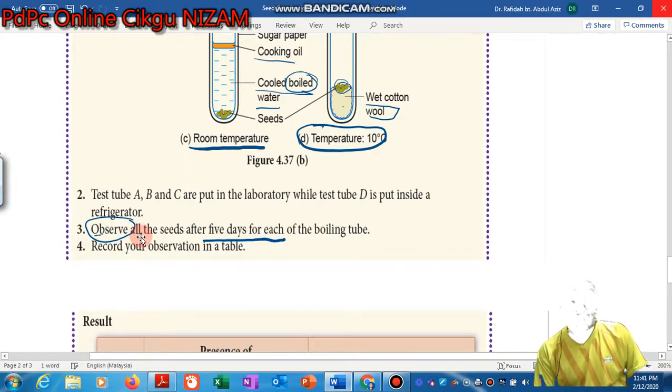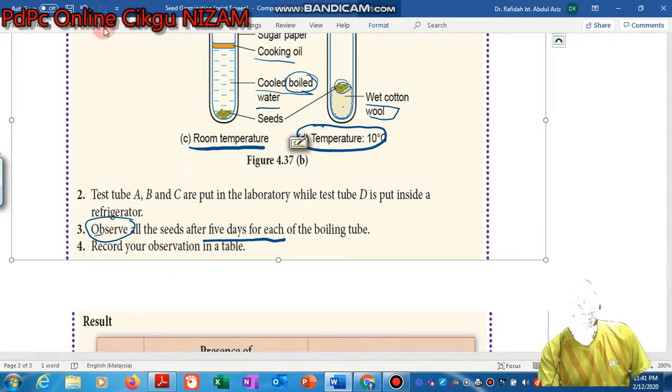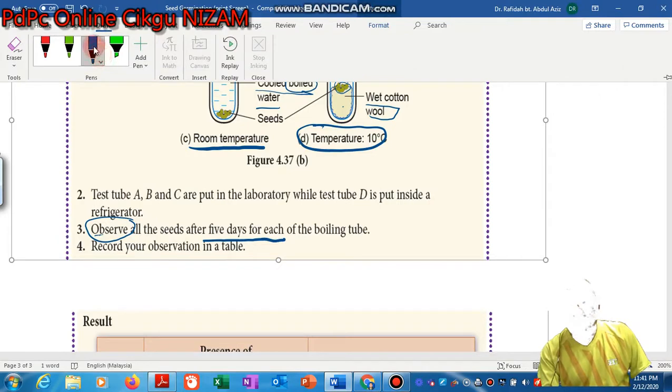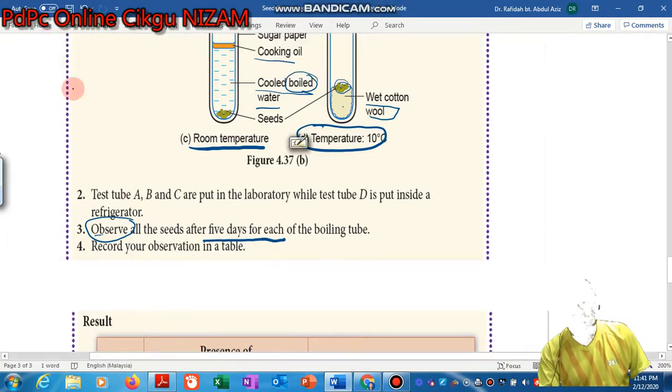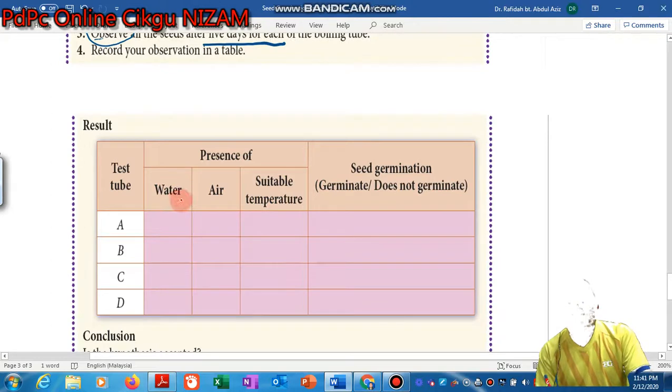So the observation that we have made, we have to record it into the result table. Okay, the result table can be shown here. We can record the observation after 5 days into this table.